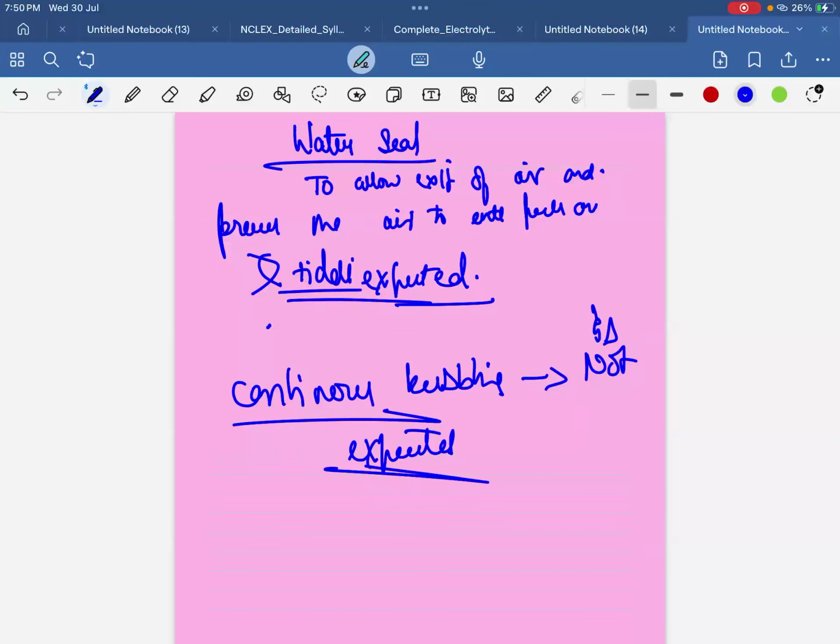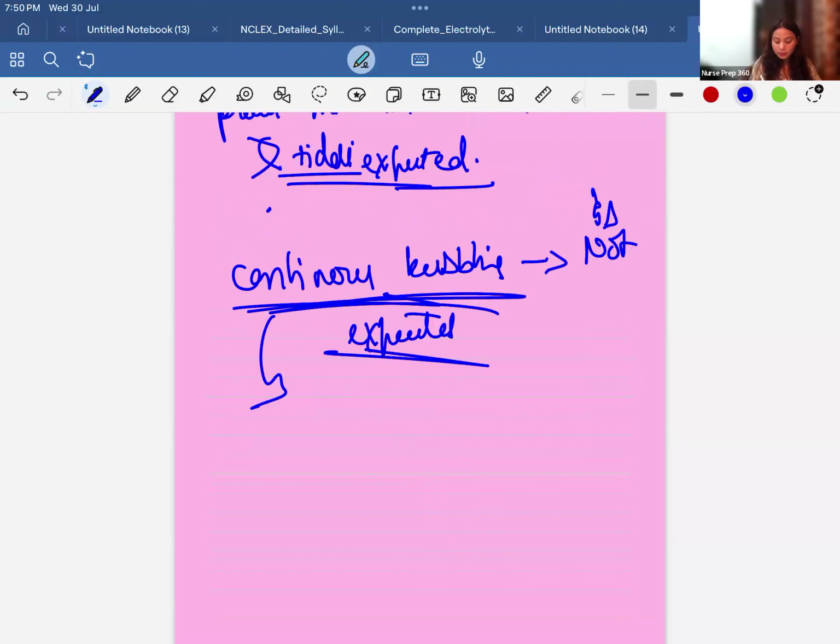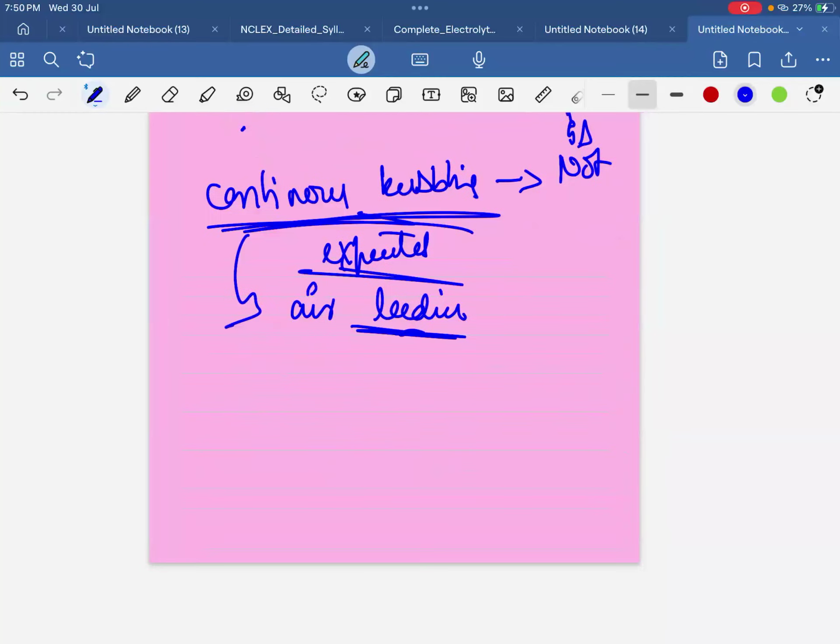If you cannot speak, your hands are moving, type it out then. Next. There should be no continuous bubbling. Continuous bubbling means there's some kind of air leak. Okay, there should be no continuous bubbling. Monitor.